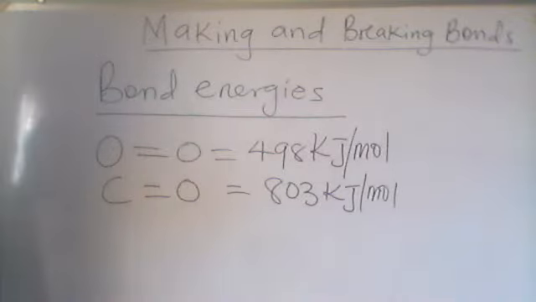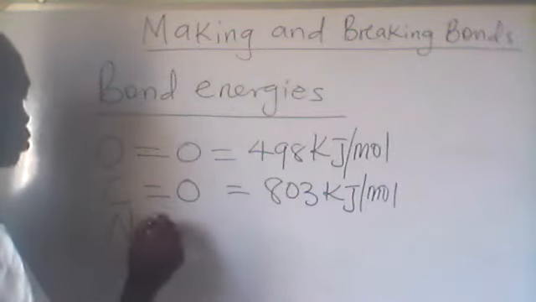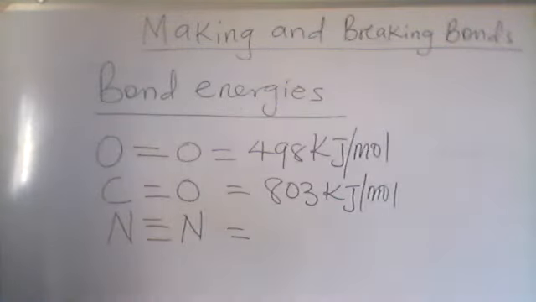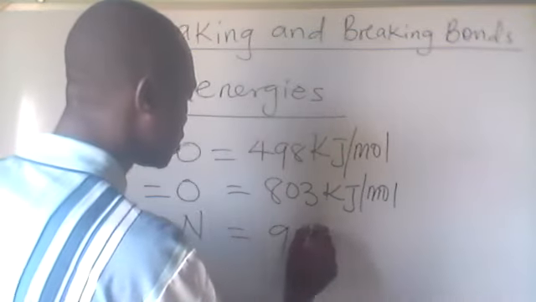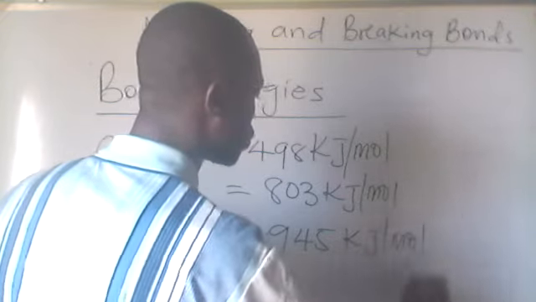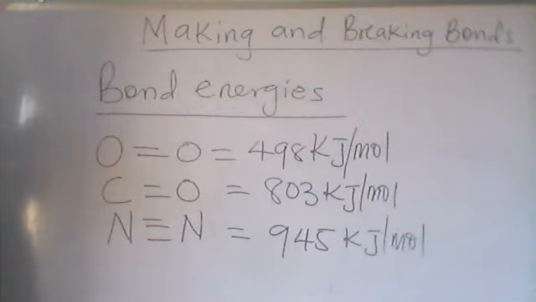Then I will just give you one example of triple bond, that is nitrogen to nitrogen triple bond. You will discover that this is the highest of all. We have about 945 kilojoule per mole in order to break or make nitrogen to nitrogen triple bond.